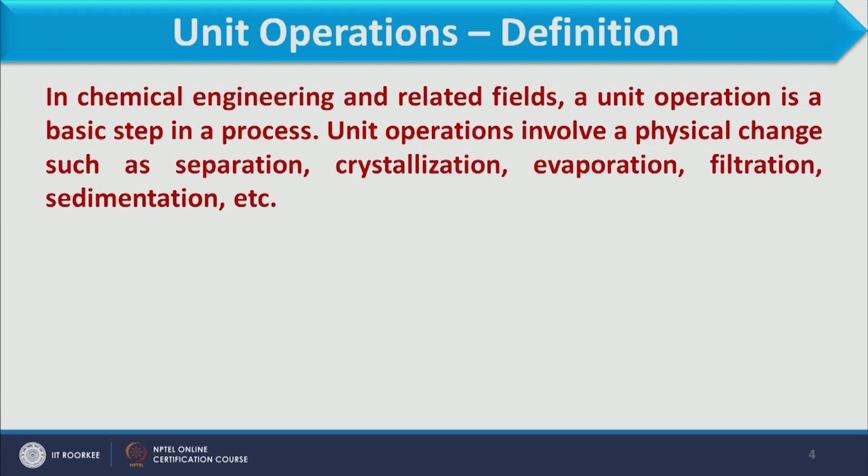Now, we will define further what exactly a unit operation is. Before, we defined the unit operation of particulate matter, which deals with particulate matter. Now, here we are defining the unit operation itself. In chemical engineering and related fields, a unit operation is a basic step in a process. Unit operations involve a physical change such as separation, crystallization, evaporation, filtration, sedimentation, etc. If you see this statement, it speaks about the physical change in the process.